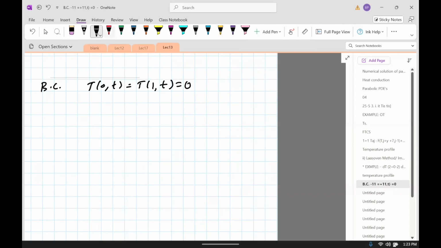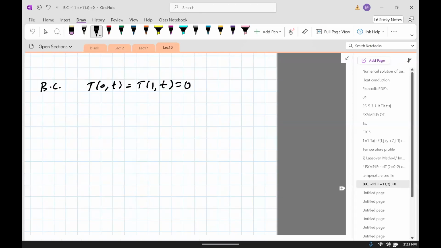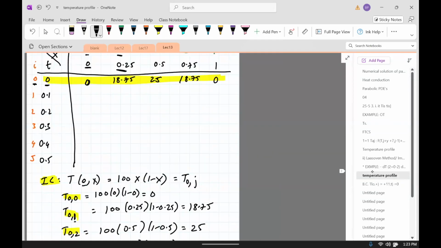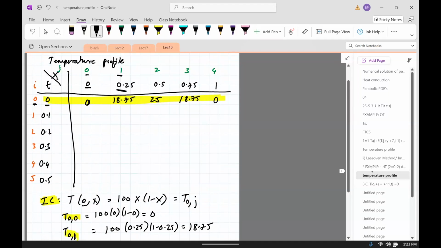So this first index is x. So this is saying, what's the index for x which corresponds to 0? If you go back here and see x, T(0, t) would mean x is 0, which means that j is 0.